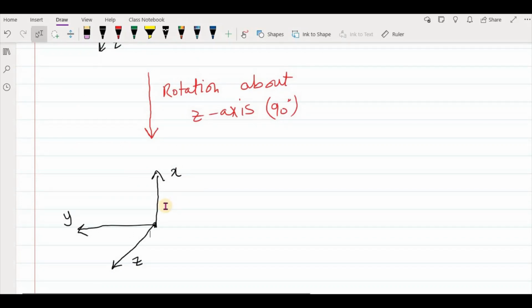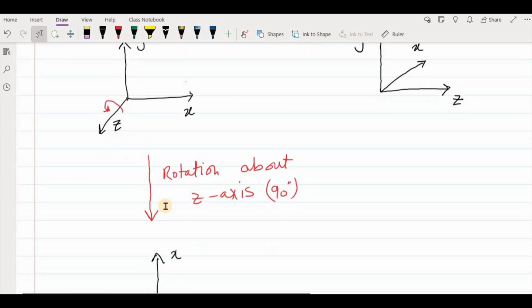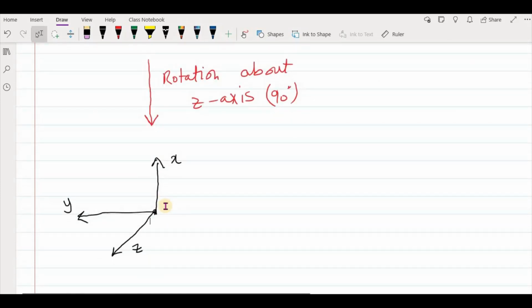Okay, so this is the rotation about the z-axis, and then we did one more rotation. It was about the y-axis, a 90 degree rotation about the y-axis.